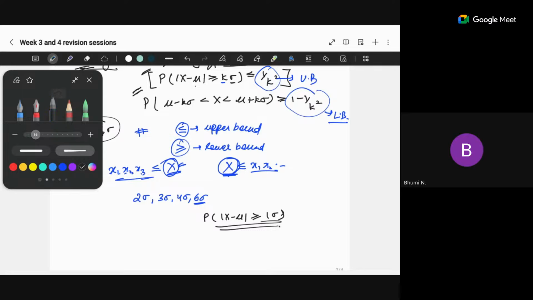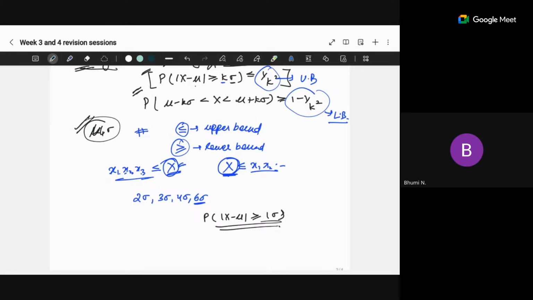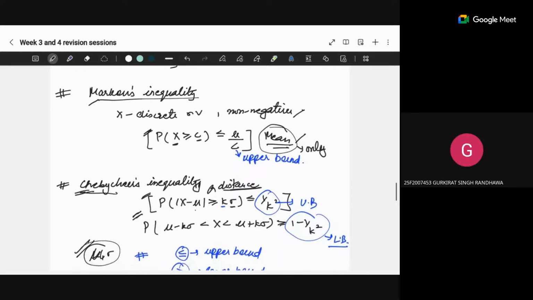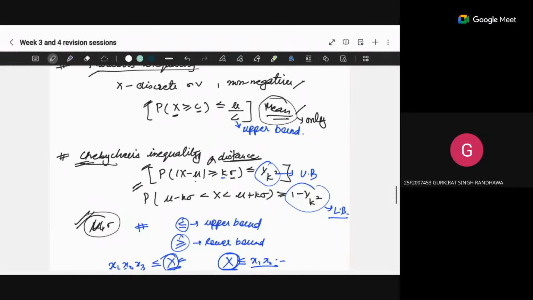Ma'am, the Markov inequality also I'm not getting your point. Can you repeat again? Ma'am, can we write this Chebyshev form in the Markov inequality form? There's a Markov's inequality formula in the lecture: probability of x minus mu greater than or equal to c is less than or equal to sigma square by c square.